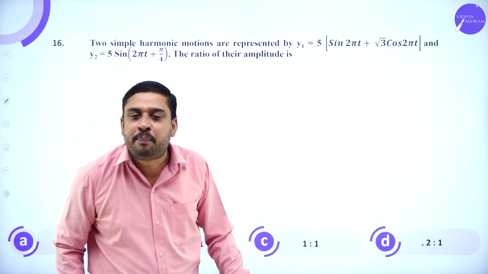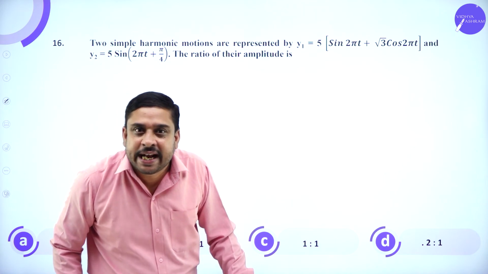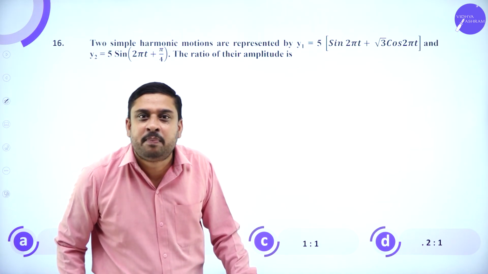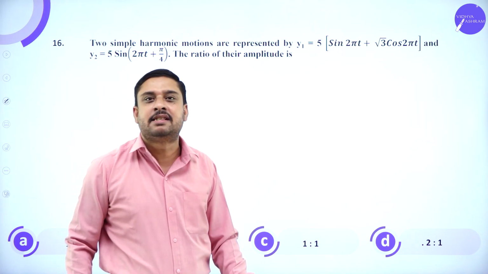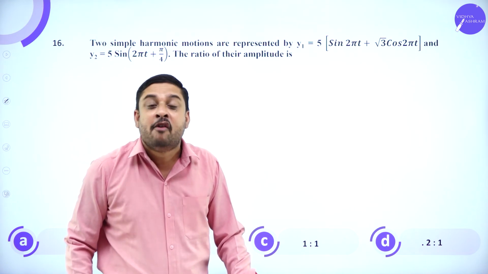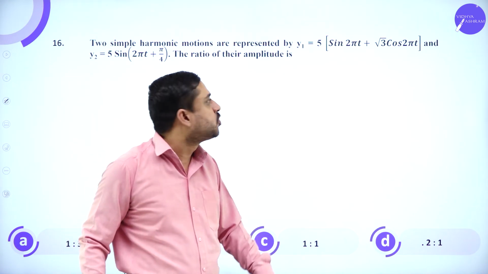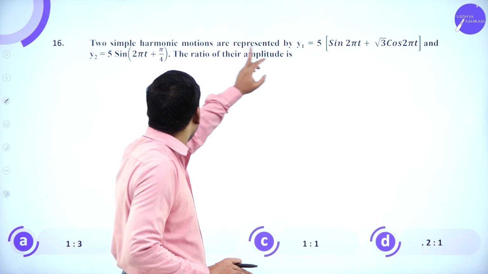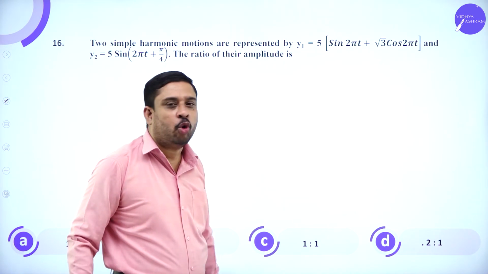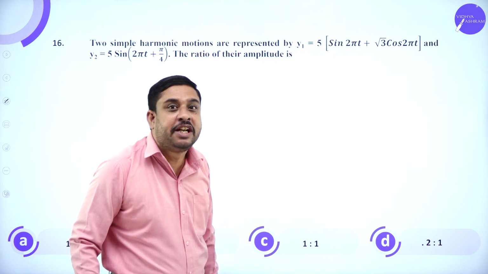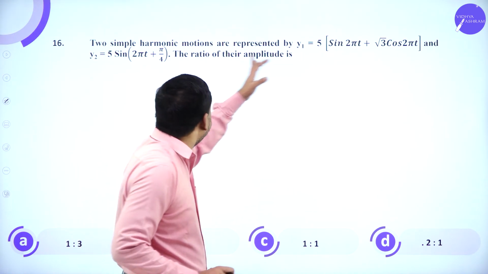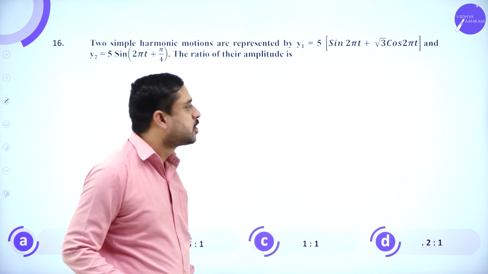Is the amplitude defined with the same phase differences, in the same form of equations? No. Equation 1 and equation 2 are completely of different form. So you cannot equate the amplitudes like that.